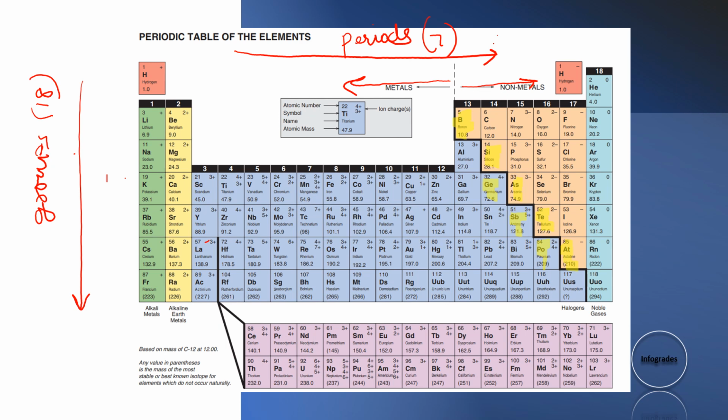Group-wise classification, we have done some very important groups. Group 1, alkali metals. Group 2, alkaline earth metals. Groups 3 to 12 are called transition metals.